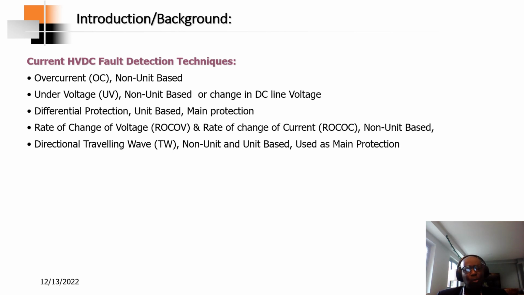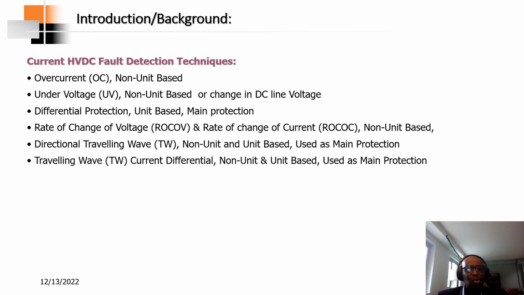Next is traveling wave, which can be a directional wave and can be non-unit or unit based, and when it is used as unit based, it is used as a main protection scheme. Next is traveling wave current differential, which also can be non-unit based and unit based, and when it is used as unit based, it is the main protection scheme utilized.